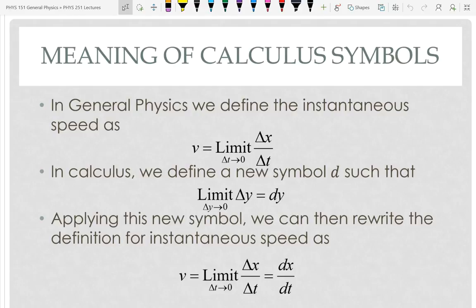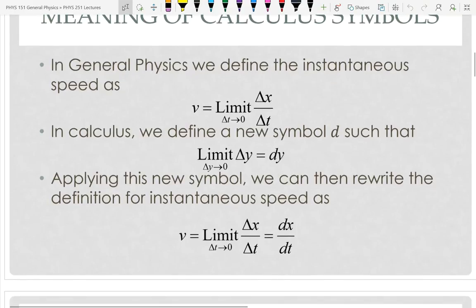Okay, so velocity is defined as the limit of change in x over change in time as that change in time is approaching zero. And so calculus is just applying that limit. In the limit, as delta y approaches zero, delta y becomes dy. So dy just means we're in that limit, right? No shockers there.